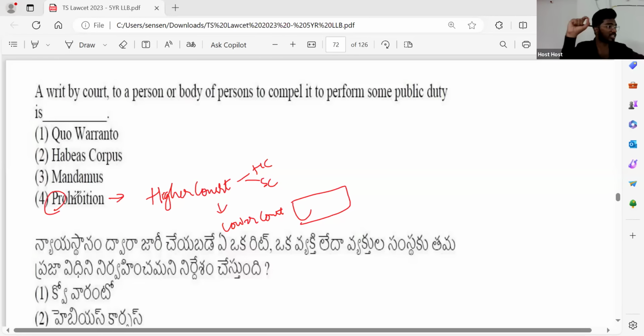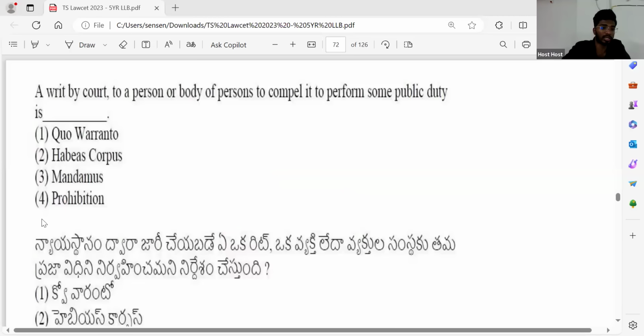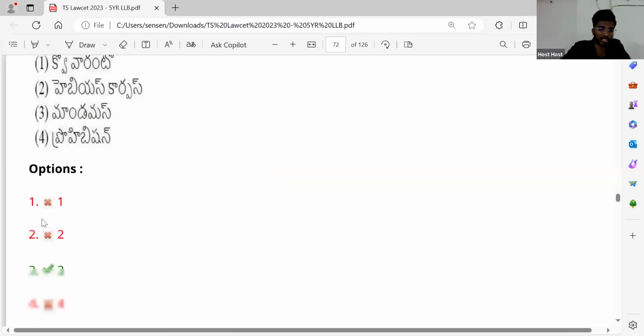Lower court is discussing some case, but that is a case in which the lower court does not have actual power, or there is a proper constitutional matter which has to be dealt with by the higher court. Then what the court will do? The court will issue the order of prohibition. You stop it, we will take up that particular thing. Okay, so that is known as prohibition. So you can watch the fundamental rights chapter once again, wherein I have explained all the writs in greater detail. Okay, but this much is enough from your exam point of view.